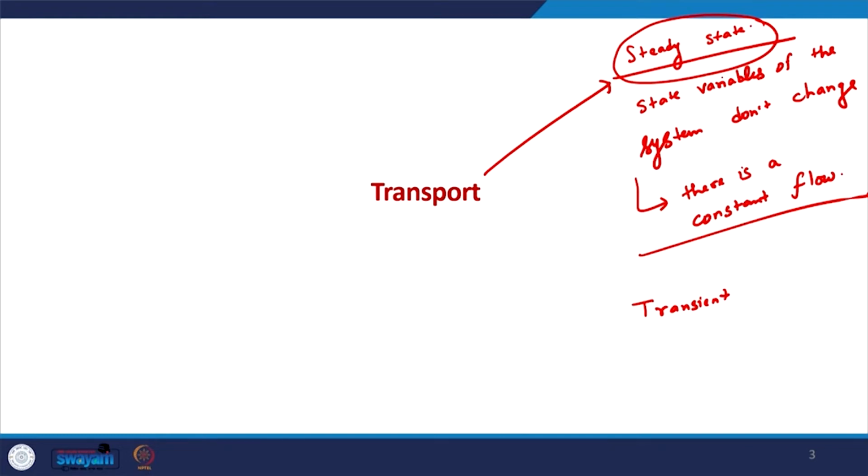This is a state of flux, a state of change basically. And generally in stable systems, the transient state does not stay for a long time. Generally, the system very quickly obtains a steady state.